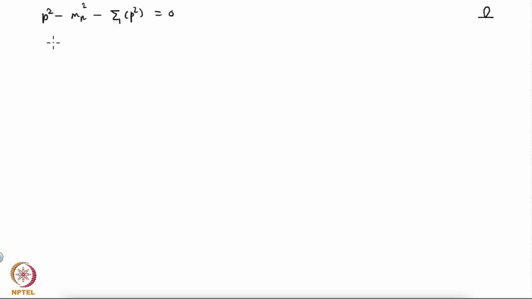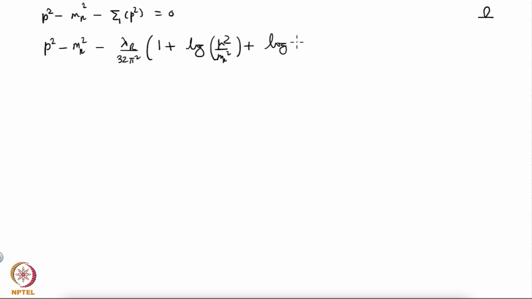From here you get that p square minus m_r square minus lambda r over 32 pi square and the other factors, okay, that is the condition we have.